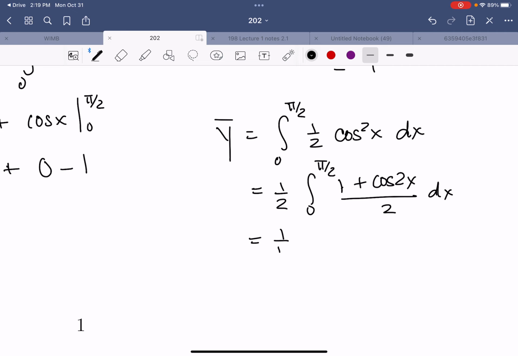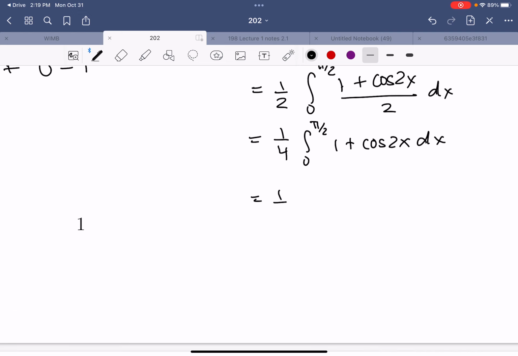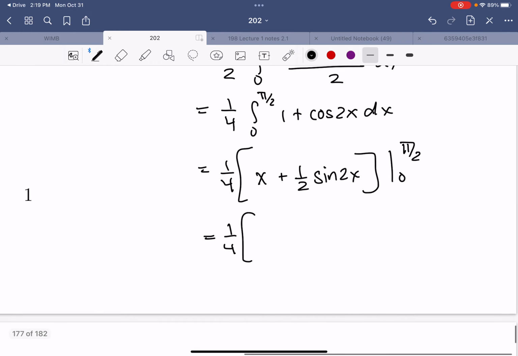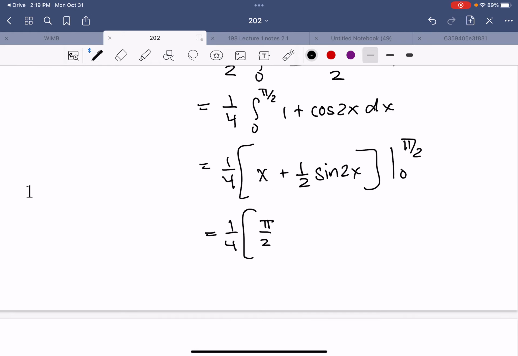So this is 1/4 times the integral from 0 to pi over 2 of 1 plus cosine 2x dx. And this gives us 1/4 times, the antiderivative here is x plus 1/2 sine 2x, from 0 to pi over 2. So that's 1/4 times, when we plug in pi over 2, we get pi over 2 plus 1/2 sine of pi.